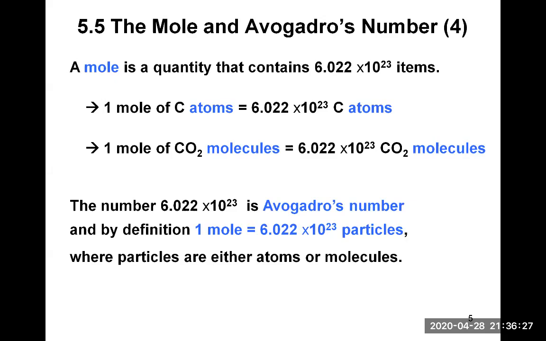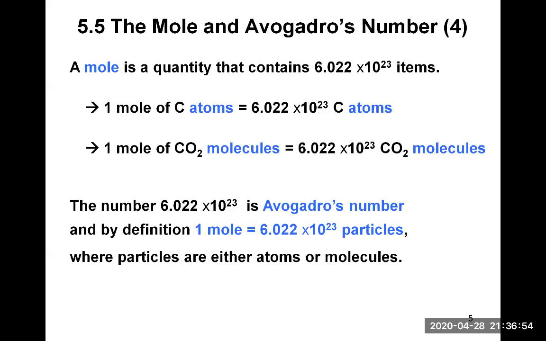Avogadro is the scientist who found out about this number by doing experiments with noble gases. And so by definition, 1 mole is equal to 6.022 times 10 to the 23rd particles, where particles can be either atoms or molecules or formula units, or sometimes you can call them particles.